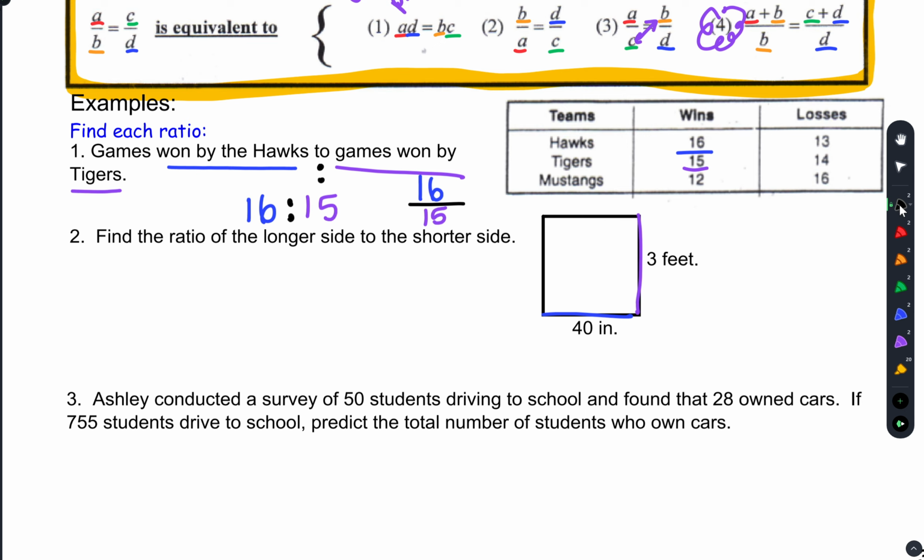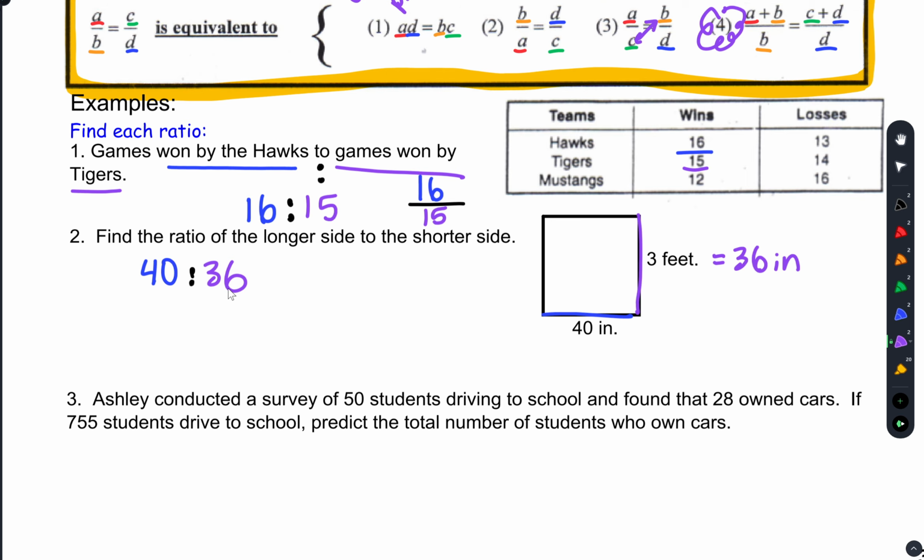So I'm going to convert one of those to be the same as the other. The easiest one is to convert that 3 feet. 3 feet is the same as 36 inches. So when I write the ratio from my longer side to my shorter side, 40 to 36, I should keep that in that order, longer to shorter.